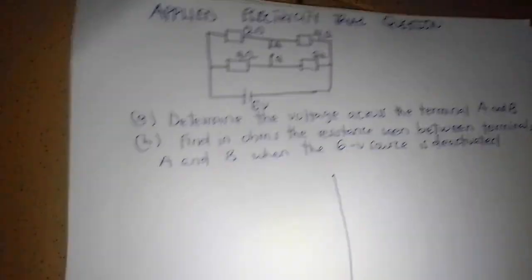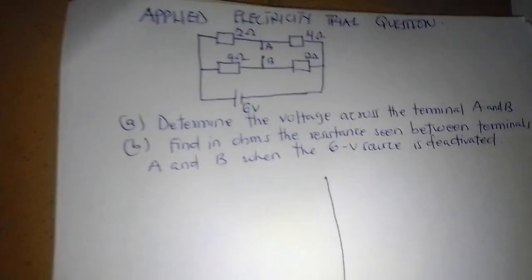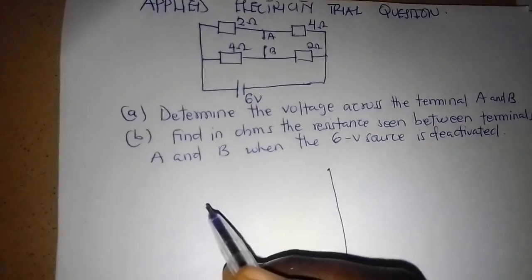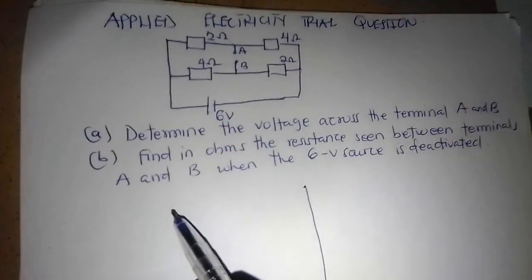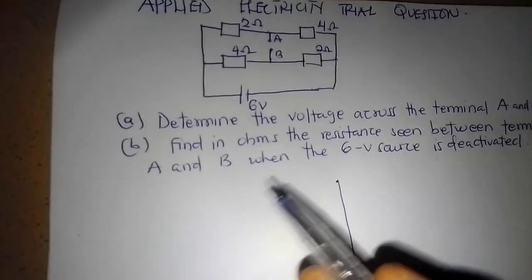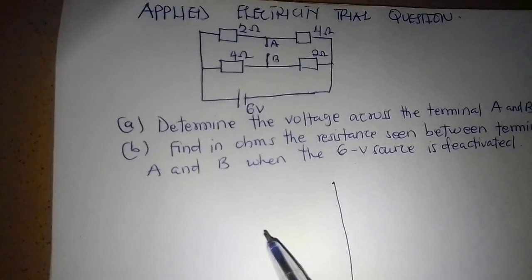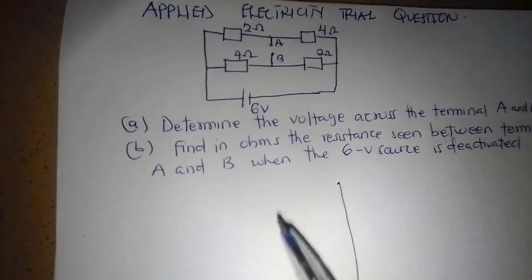So having this, I always prefer to make the bridge circuit in the square form, in the rhombus form, than this way.